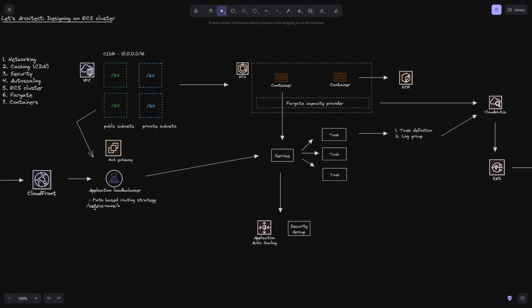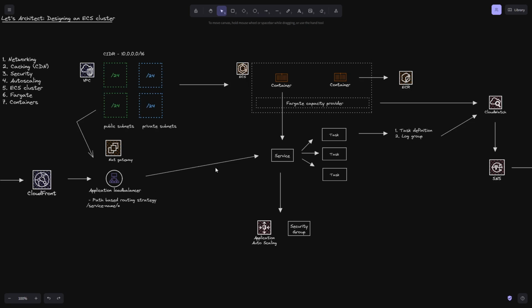So for example, we'll have within our load balancer the service name / an asterisk, and what that will tell our load balancer is that requests with this path in the host name are going to be directed to a particular service, and that's how we'll route traffic to all of our services.